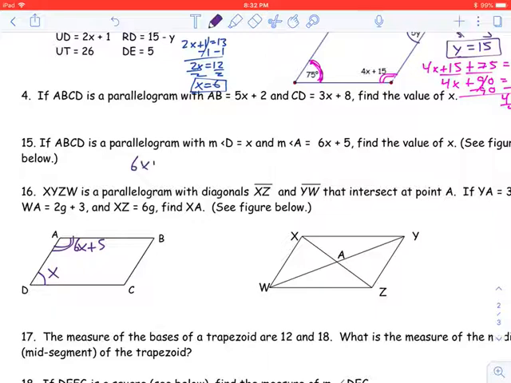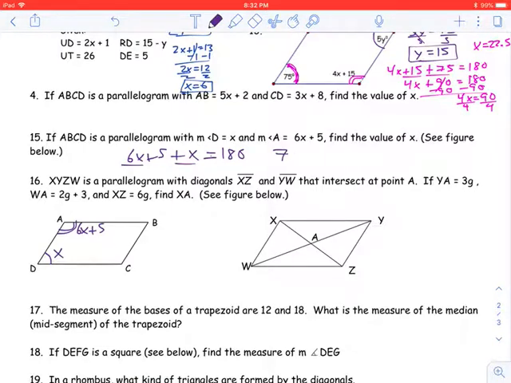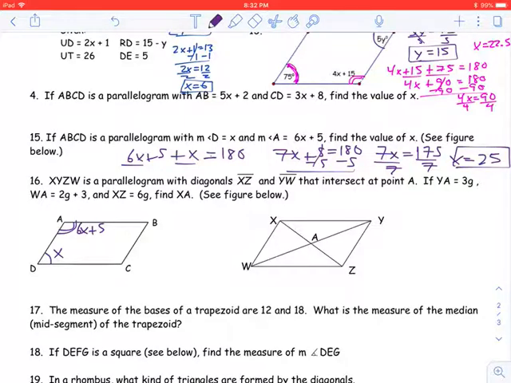Therefore, 6x plus 5 plus x equals 180. Combine like terms, I get 7x plus 5 equals 180. And I end up with 7x equals 175. And so I divide 175 by 7, and I get 25 for x. Find the value of x. That's all I had to do. So always double check. What was I trying to find? Just x, or do I need to plug it in?